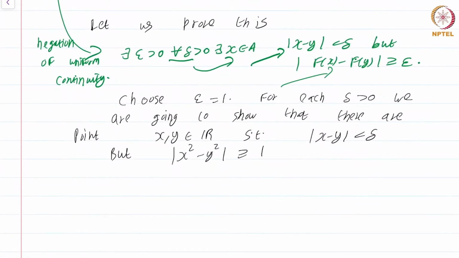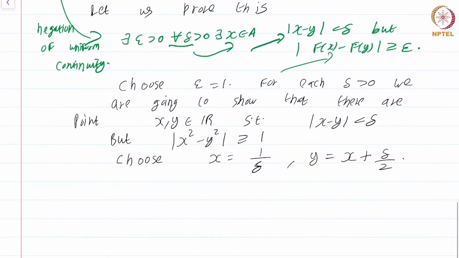Now, what you do is choose x equal to 1 by delta and y equal to x plus delta by 2. Now certainly mod x minus y is less than delta. In fact, it's exactly equal to delta by 2.